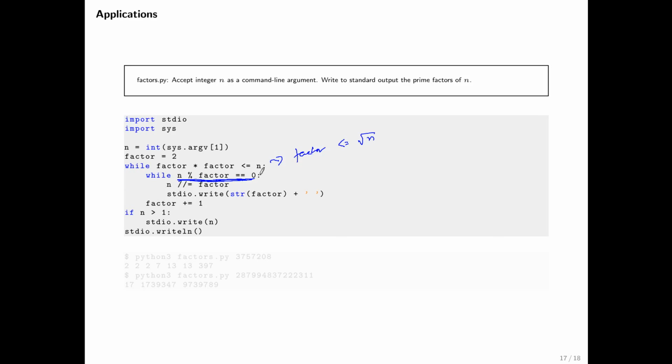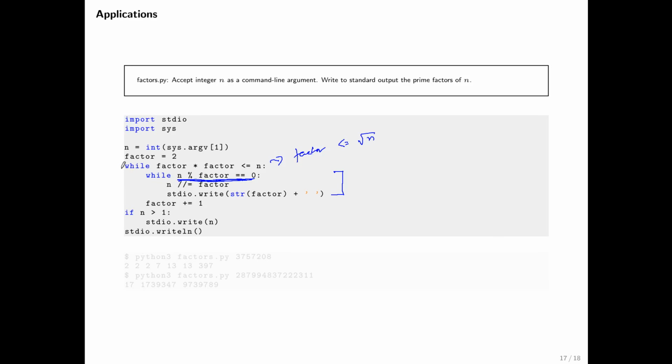So this inner loop basically looks for a particular factor of a number, and it also checks if it's a repeated factor. For example, when n was 2, its prime factors were 2 and 2, repeated. That's what this loop does. And then here we update the factor by 1 and check all over again.